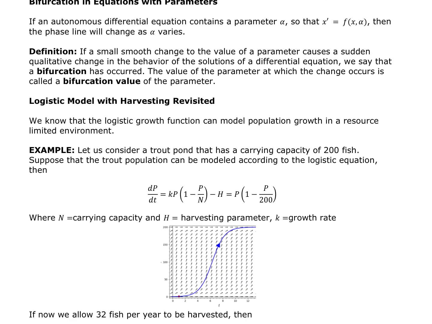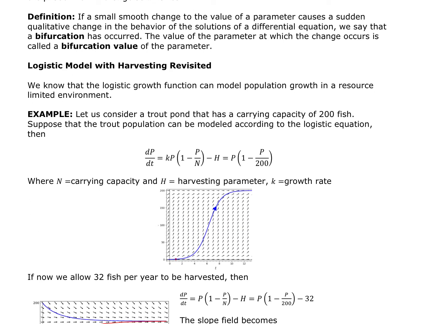So let us think about a pond with trout in it. It has a carrying capacity of 200 fish, and it can be modeled like this. We talked a little about this in my previous videos about the logistic growth models. So N is the carrying capacity, H is the harvesting parameter, and K is the growth rate.